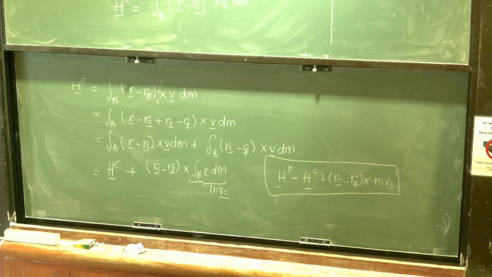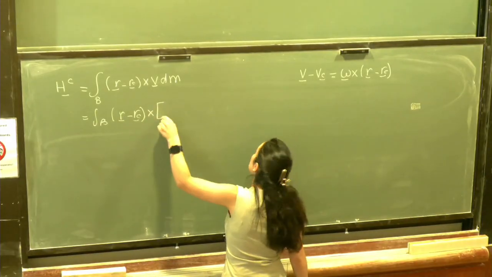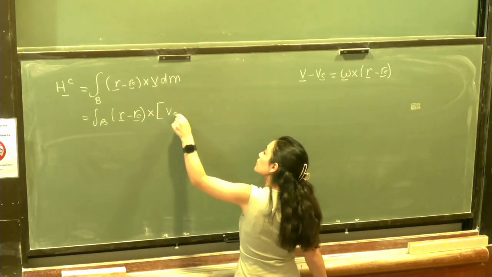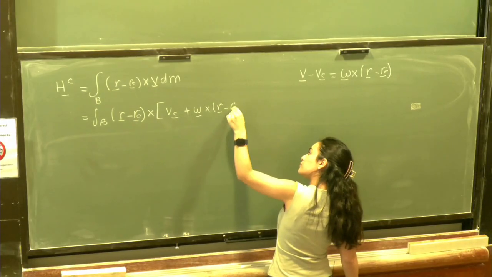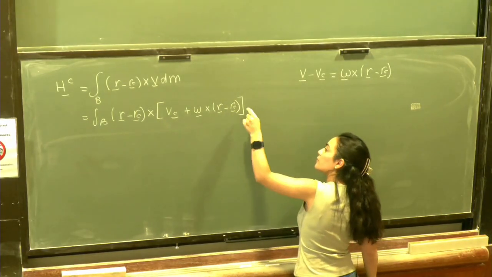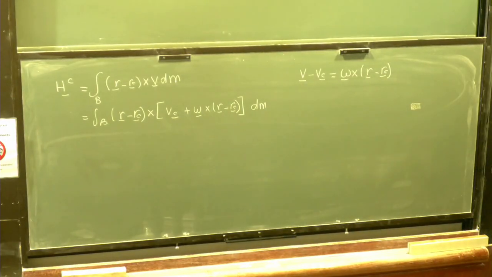So this V becomes equal to VC plus omega cross R minus RC. Okay, with me so far? Now I'm going to expand and split this into two integrals.